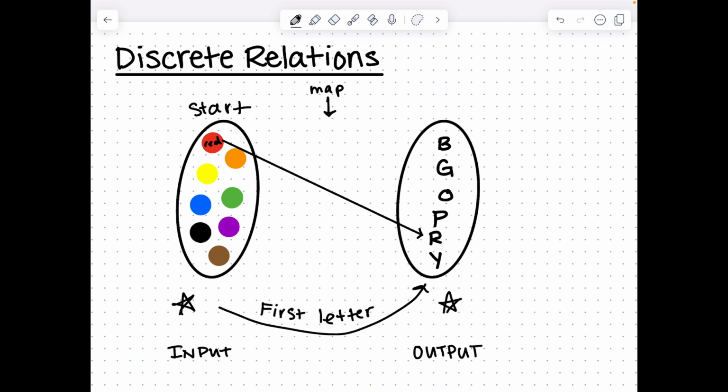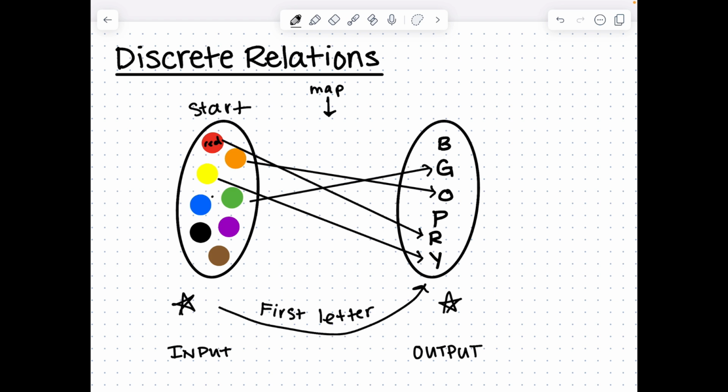And we can do the same thing. The next color is orange, so I can draw an arrow from the orange dot to the O. Sometimes you put the actual arrows, sometimes you just connect them with a line, but yellow would connect to Y. Green starts with G, so we'll connect that.